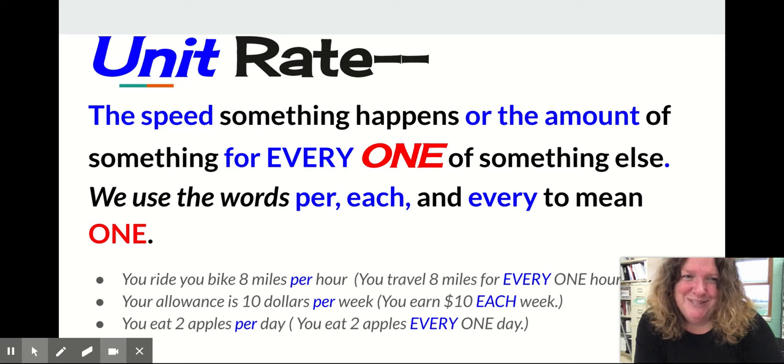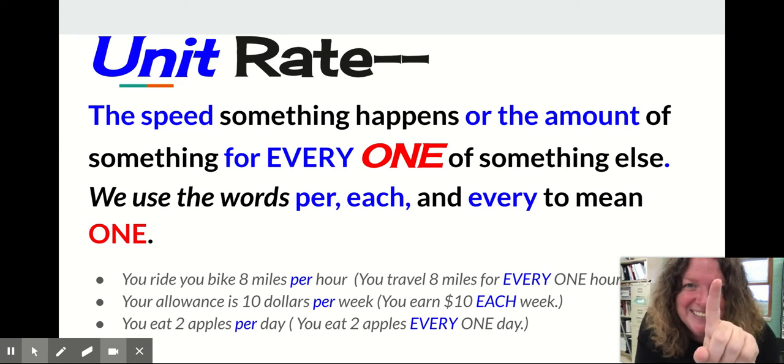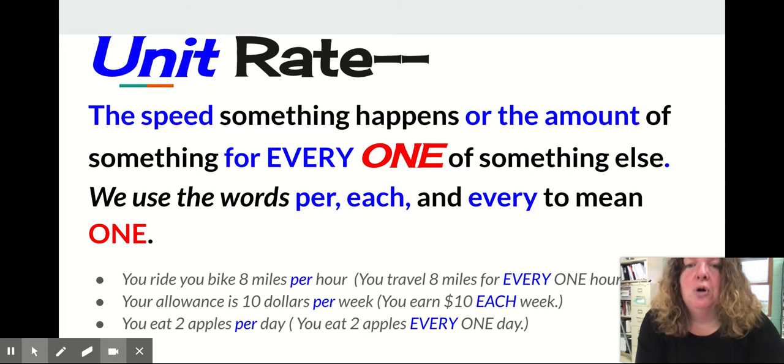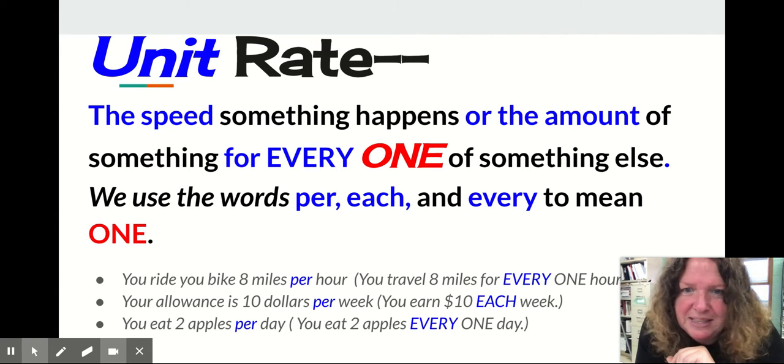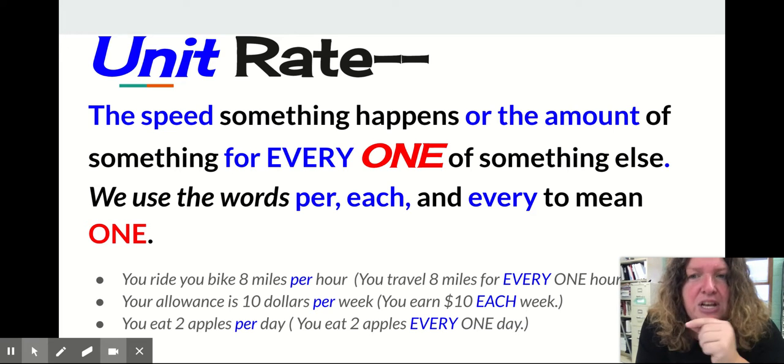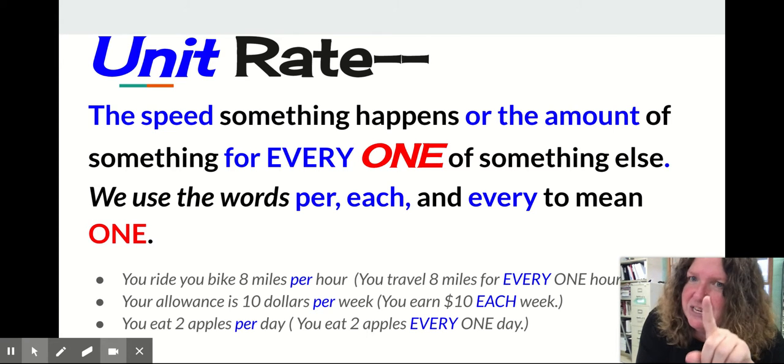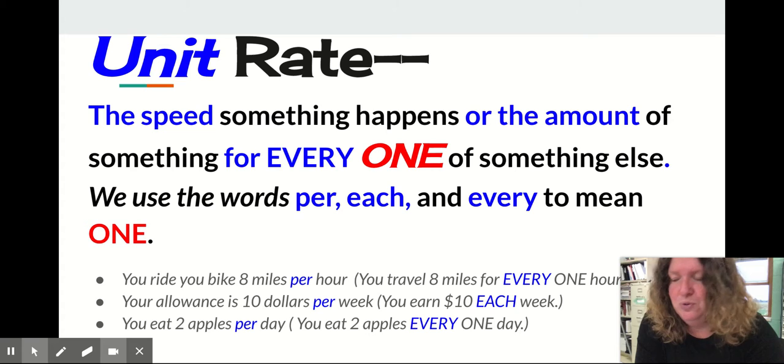Can you figure out what that invisible word is? It's 1. You eat 2 apples per 1 day. Your allowance is $10 per 1 week. You ride your bike 8 miles per 1 hour. It's not written there, but per and each and every mean that there's a number 1 there. That's the unit rate.